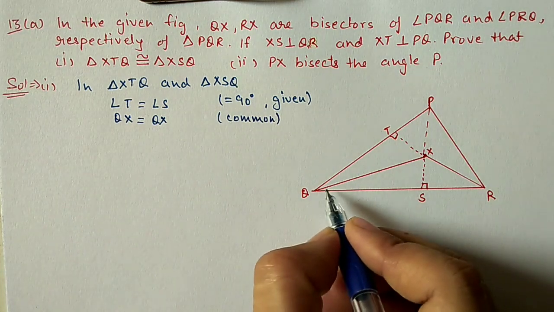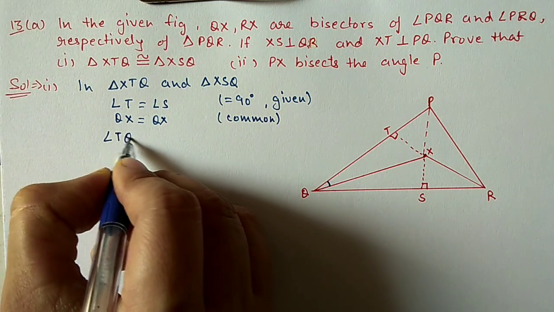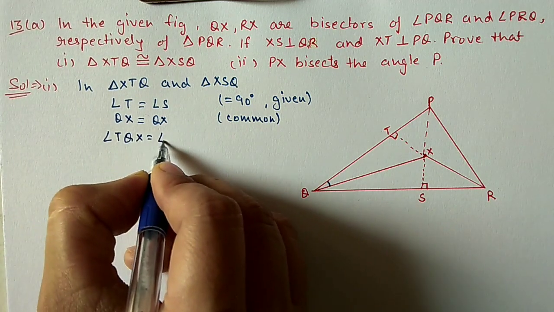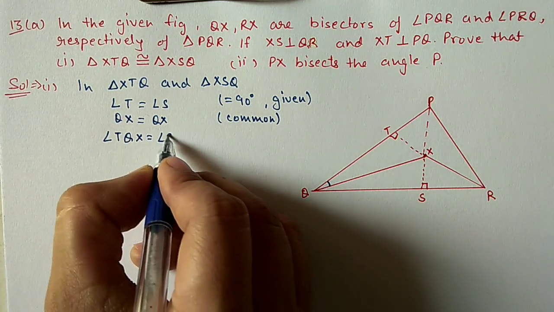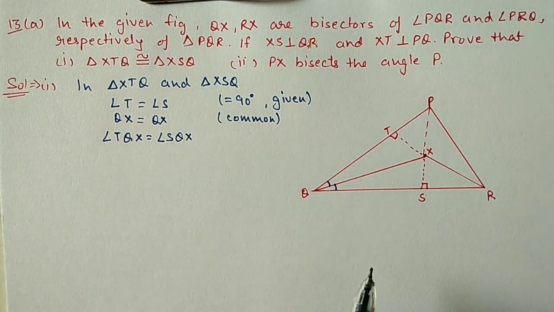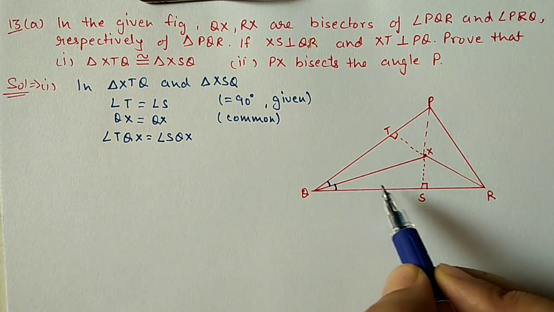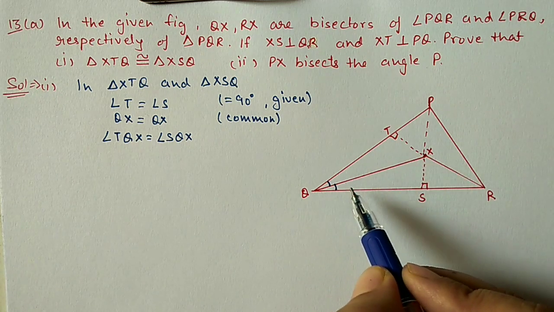And then we can take angle TQX is equal to angle SQX. This angle and this angle are equal because this is the bisector for this angle. Bisector means it will divide it in half.